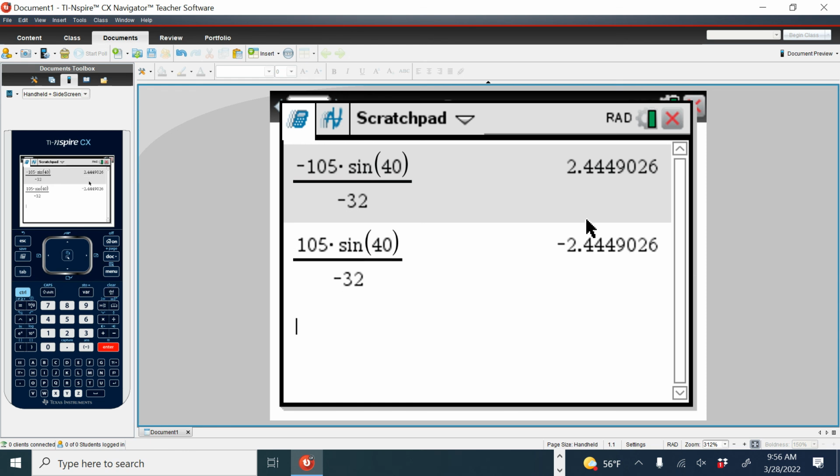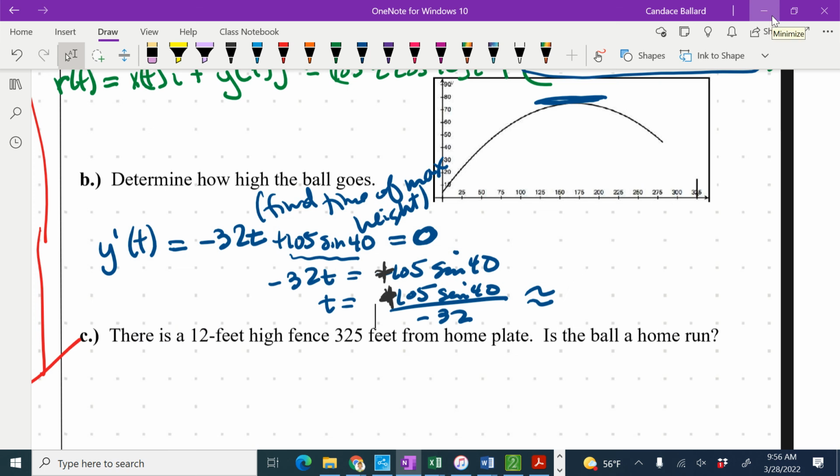Still got the same number, but a negative now, which doesn't make sense because it should be positive time, shouldn't it? Oh, duh. It should be cosine. You're right. It should be cosine. I was copying the answers and I totally wrote it wrong.